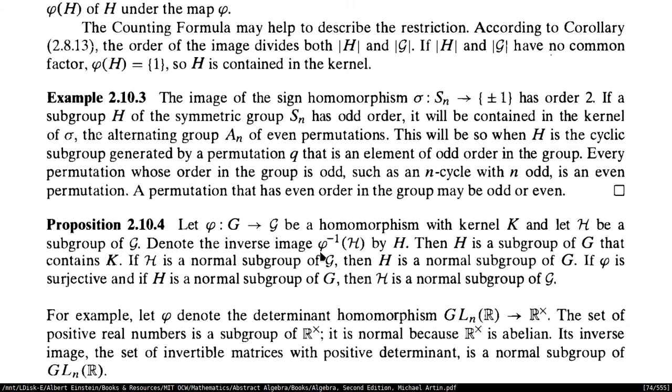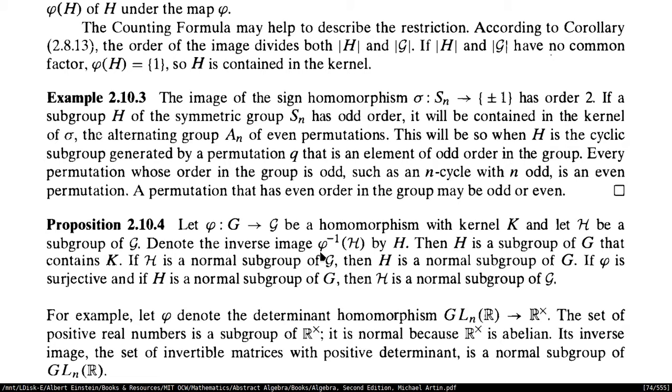Okay, so this is when H is the cyclic subgroup, so it can't really be any subgroup, it has to be the cyclic subgroup generated by a permutation q that is an element of odd order in the group, right?